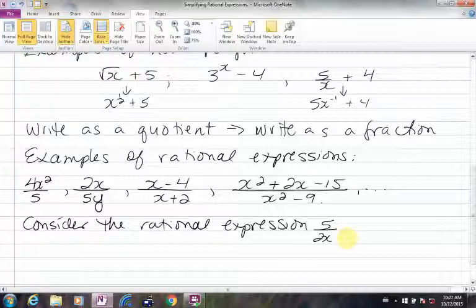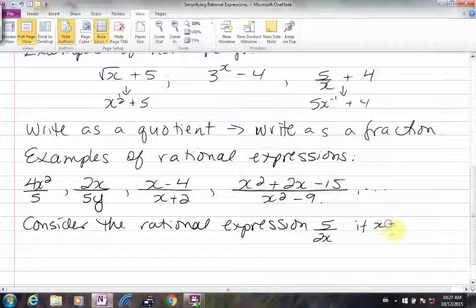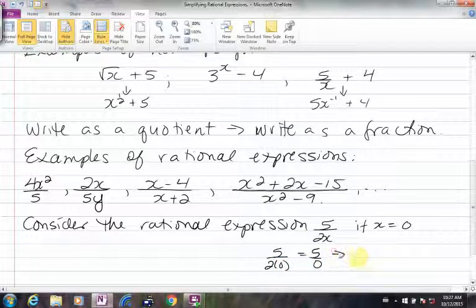Are there any values for x for which we would be in trouble? Right? 0. Why? You can't divide by 0. So, if x equals 0, then this becomes 5 over 2 times 0, which would be 5 over 0, which is undefined.